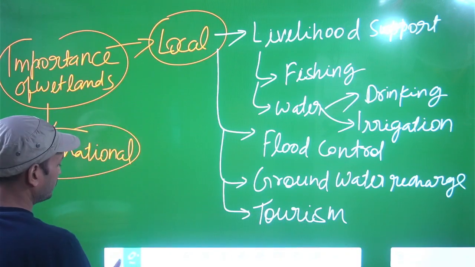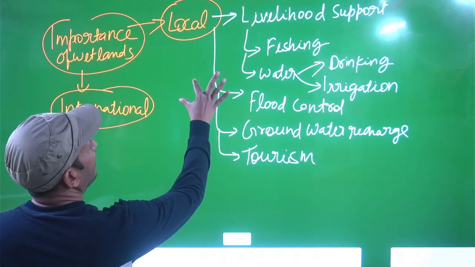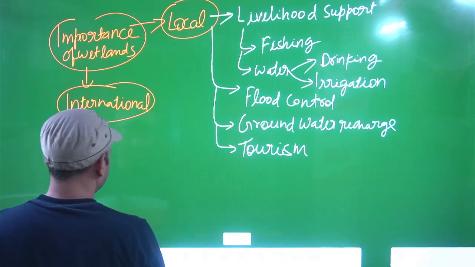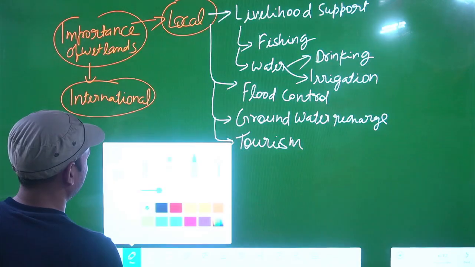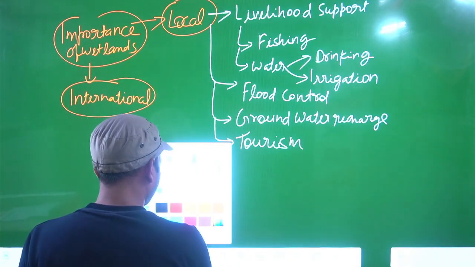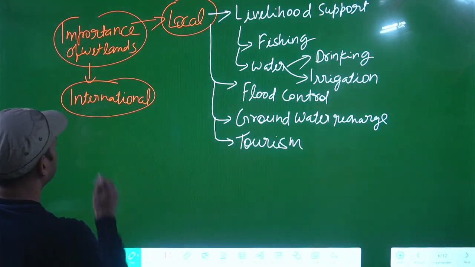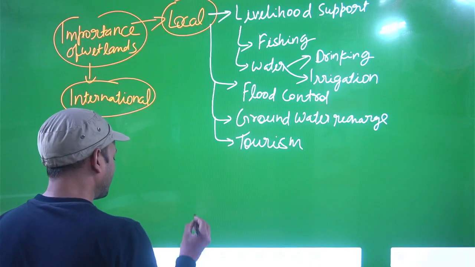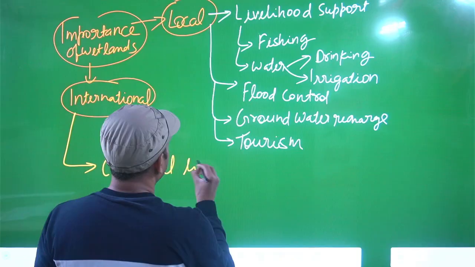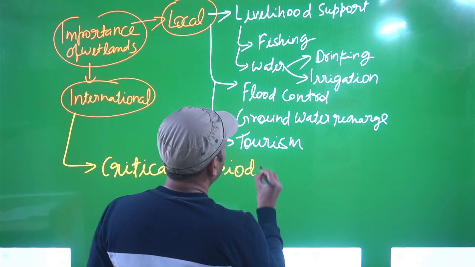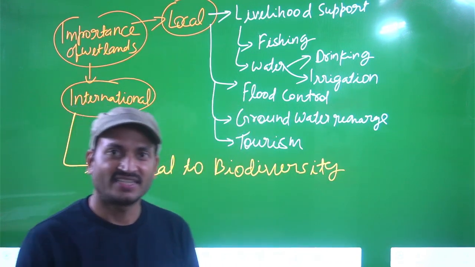Now, when we talk about the importance of wetland at the international level, meaning what are the international importances of a wetland. The first international importance of a wetland is that it is critical to biodiversity.